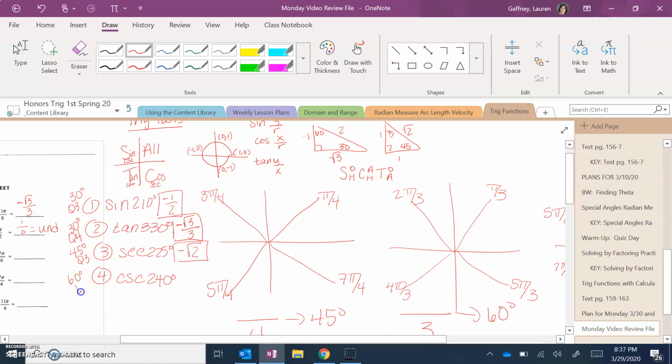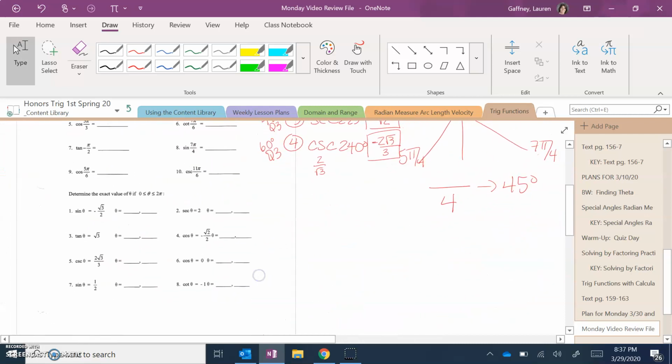So that's my reference angle, and that's quadrant 3. Cosecant is the flip of sine. So instead of opposite over hypotenuse, it would be hypotenuse over opposite, but then rationalize that to 2 root 3 over 3. In quadrant 3, that would be negative. Sorry, they all came out negative. I didn't mean for that. Okay, so now let's go backwards.